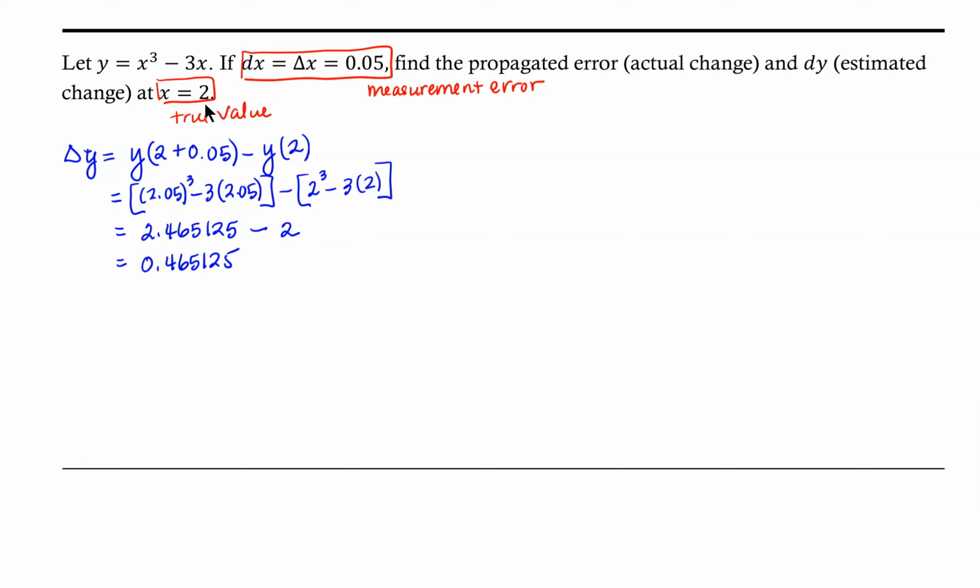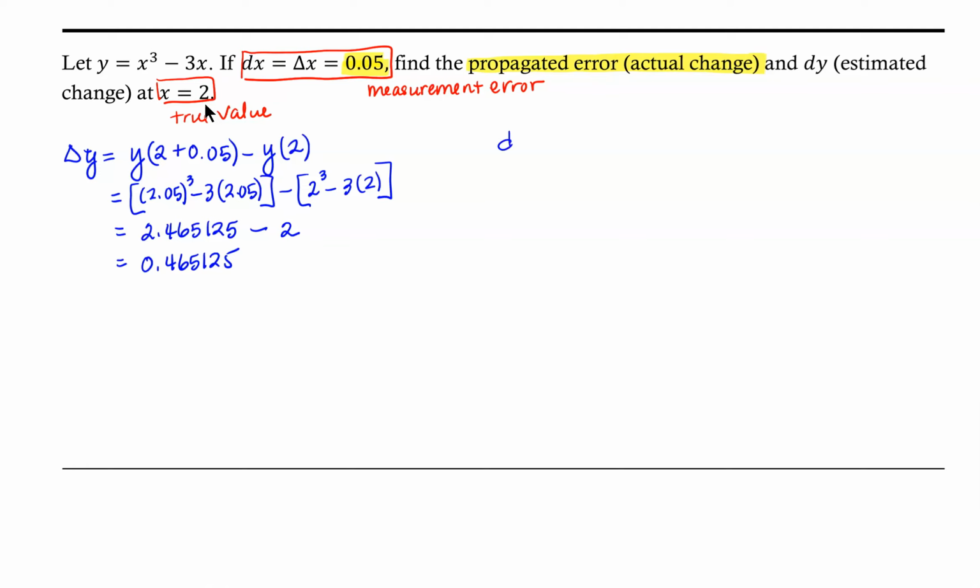So there's our propagated error, or the error due to the actual change in the y values, the true error in our calculations of y due to the error in the measurement.